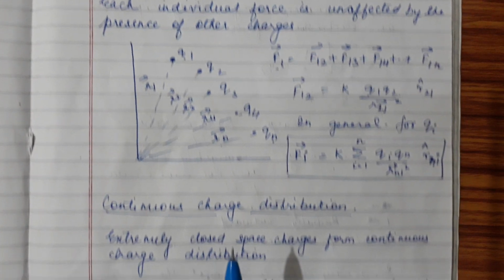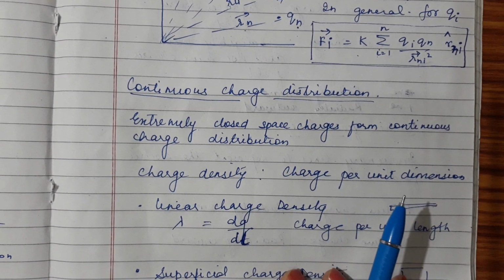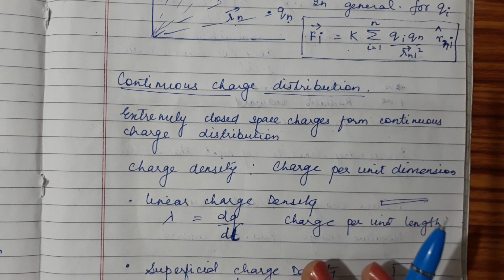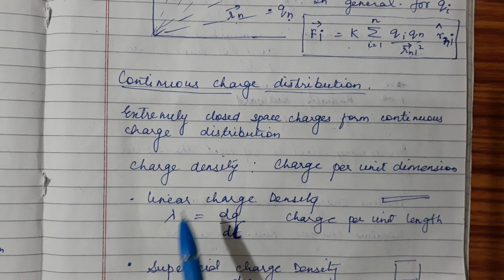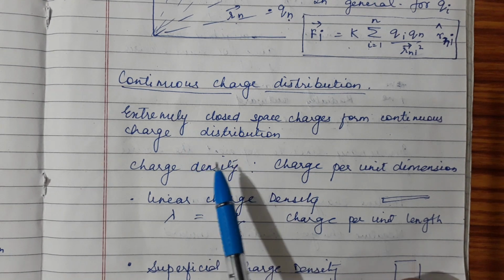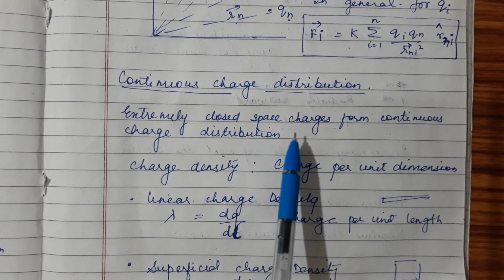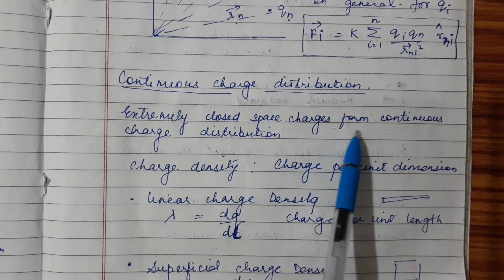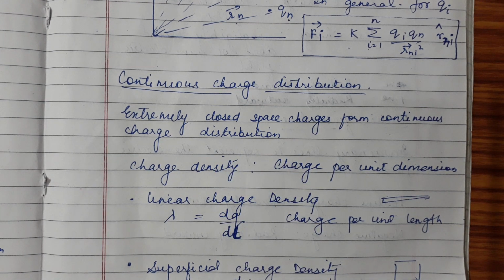Next is continuous charge distribution. When there is an extremely close space, the extremely closely spaced charges form a continuous charge distribution. For this we must know about charge density. What is charge density?